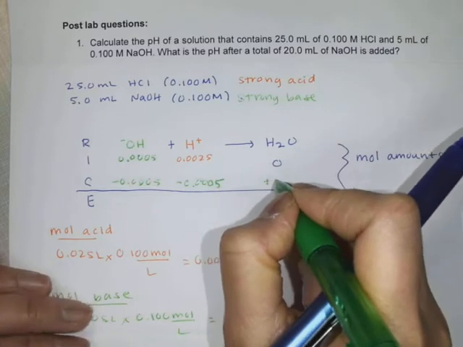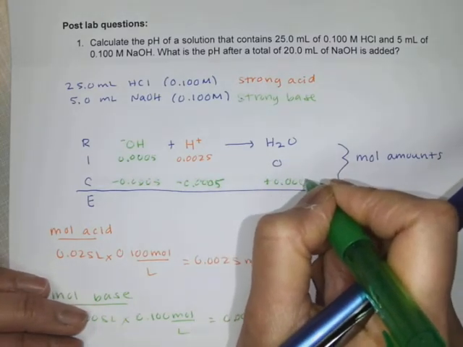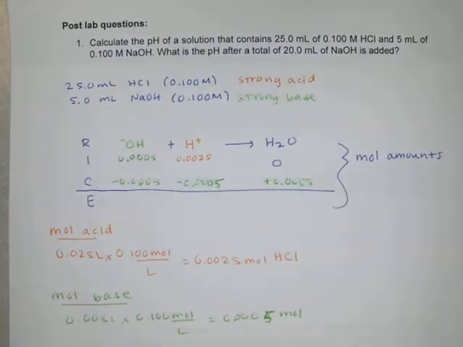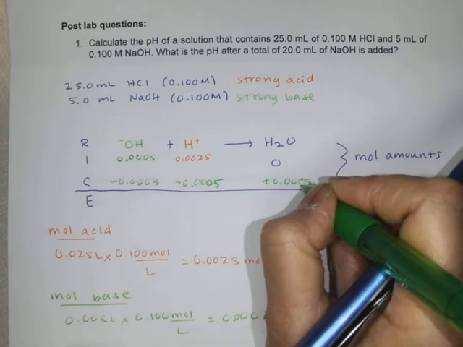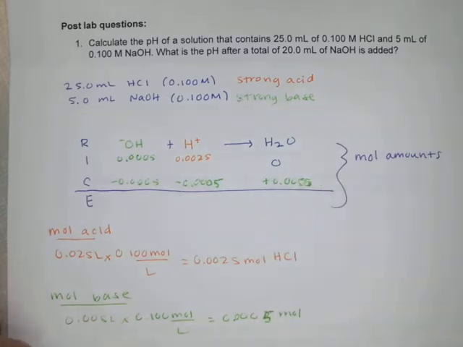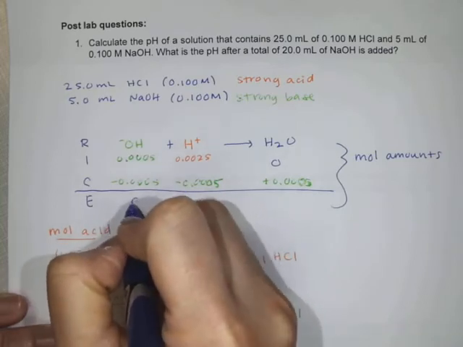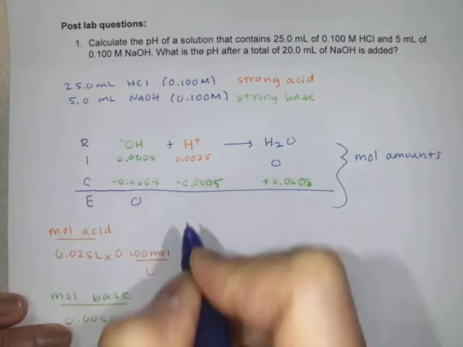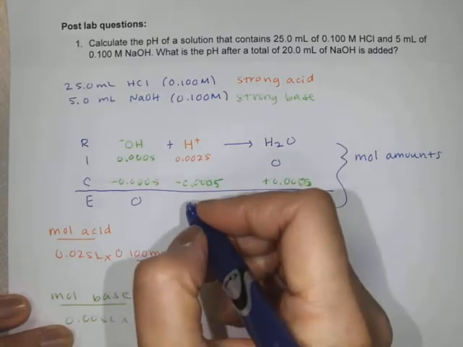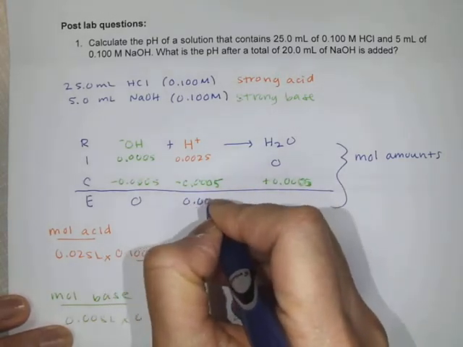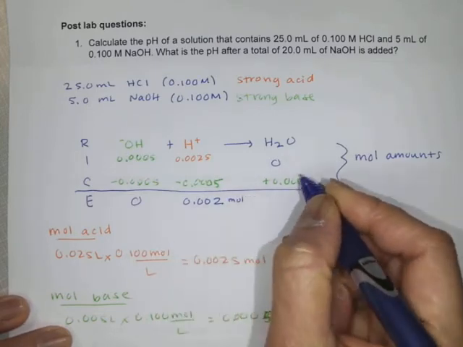And then the water will be plus 0.0005, which at this point doesn't matter in the equation. Sorry, this pen is awful here. Okay, so our change then is 0 for the base, and for the acid this is 0.002 moles, and then we have the water here.